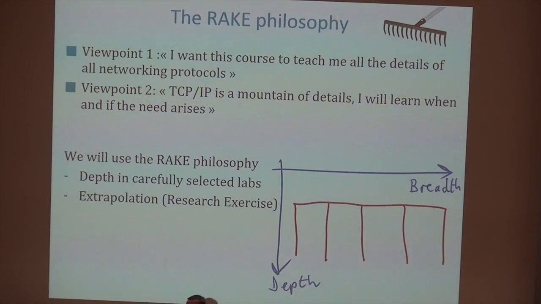And the hope, or our experience, is that you should trust us that we have picked a number of well-chosen topics such that with a high probability, anything you will do in the next 30 years will fall in the convex set of this. So perhaps you'll need to study something very detailed, but it will be here. Having done this, then you will be able to catch that leaf with the rake, or you will be able to have an idea of how things should be even before looking at them in detail. As we will see, we will test that.